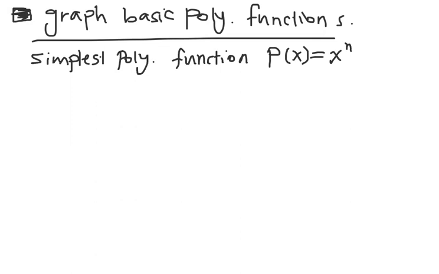This is the simplest one, without any extra terms. So we also know how to graph the simplest polynomial. For example, if n is equal to 1, p of x is only x.